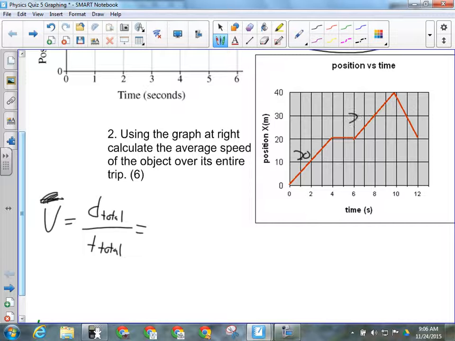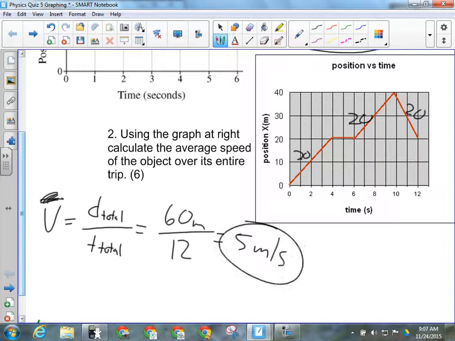So I got 20 plus 20, and what does it do here? It goes 20. Does it matter that it's backwards? Not for speed, it doesn't. So the total distance is 60 meters. The total time, 12 seconds. I believe that comes out to 5 meters per second, does it not? There's our average speed over the whole trip.